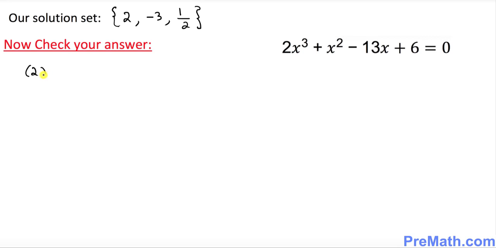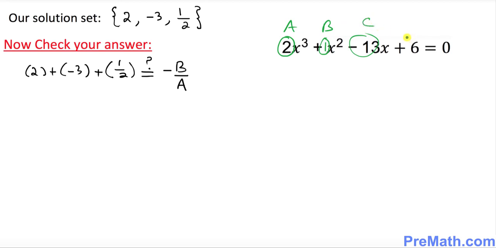I want you to put down 2 plus negative 3 plus 1 over 2 on the left hand side. And ask yourself, is this equal to negative b over a? Now you might be wondering what is a and what is b. In this original equation, this is our a, b is 1, c is negative 13, and d is 6.